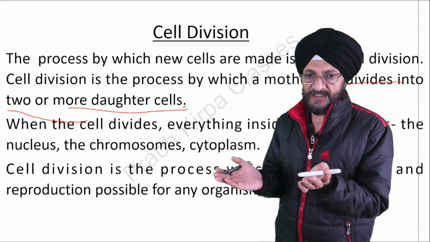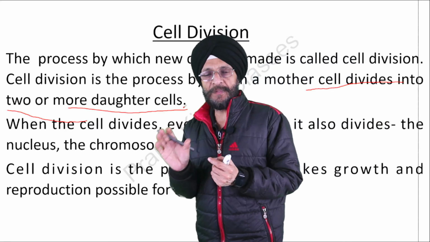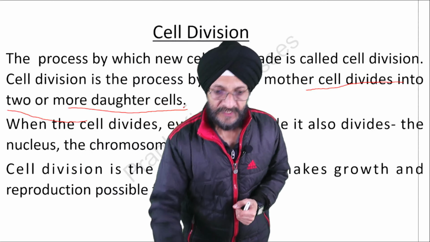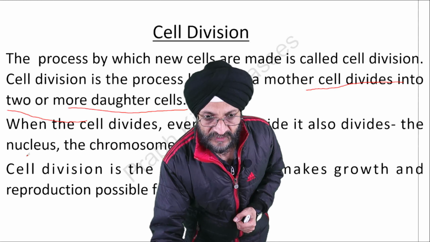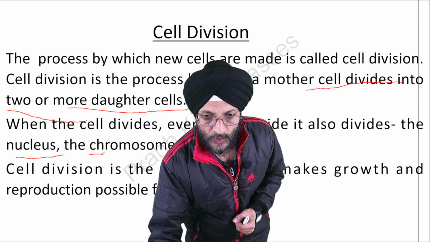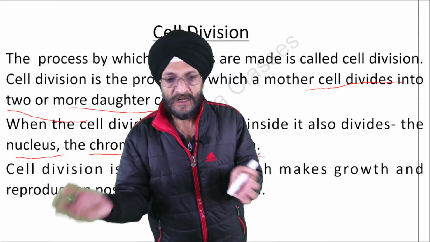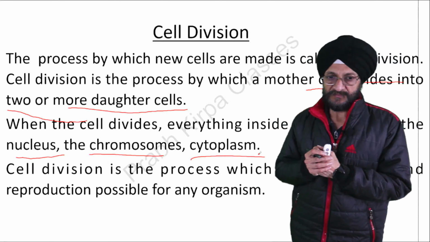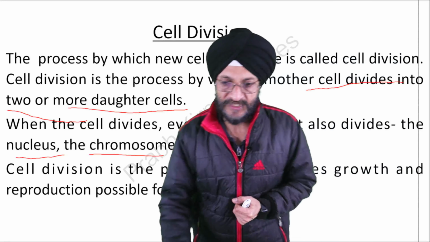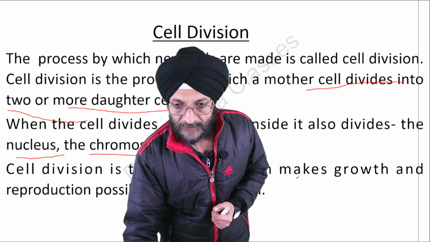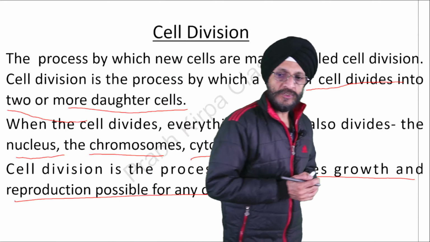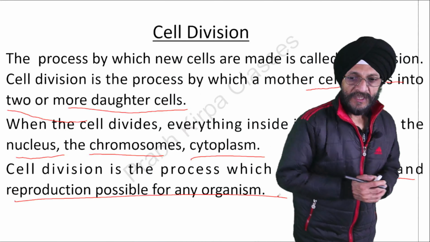When the cell divides, everything which is present inside the cell also divides, which means that things like nucleus, chromosomes, and cytoplasm also divide with the cell. Cell division is the process which makes growth and reproduction possible for any organism.